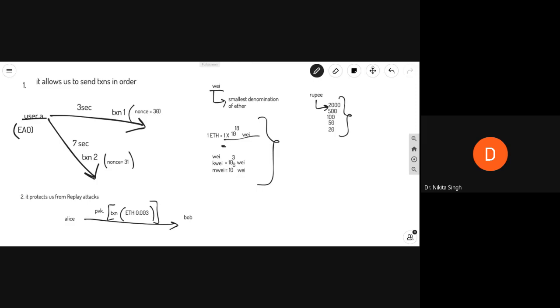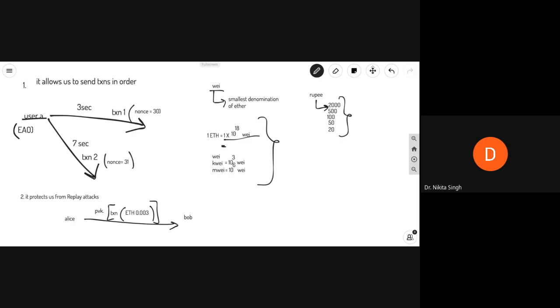Okay. Now, there are GY also, there is micro ether, milli ether. So there are many types of units available with ether. All right. So this is what we mean by balance associated with an account.